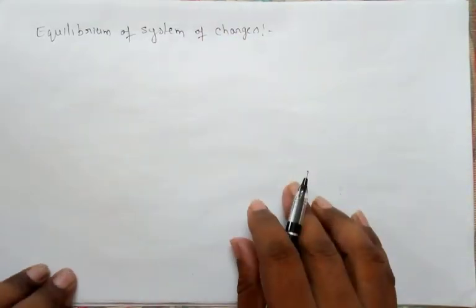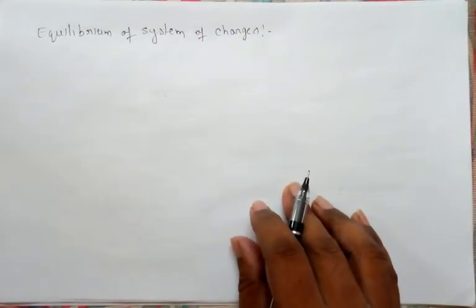What is the meaning of equilibrium of a system of charges? Equilibrium means that if the net force acting on the system is zero, or else we can also say the net torque acting on the system is zero, then we can say that the system is in equilibrium.